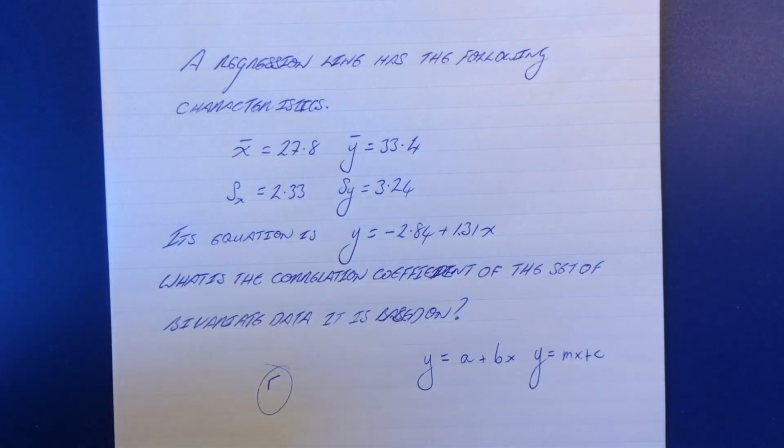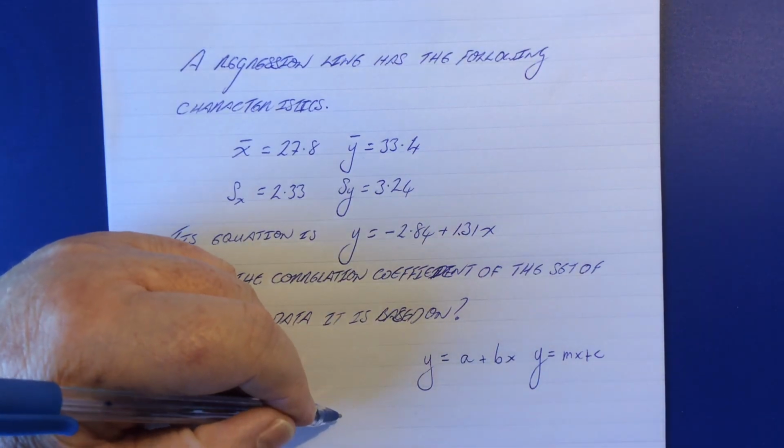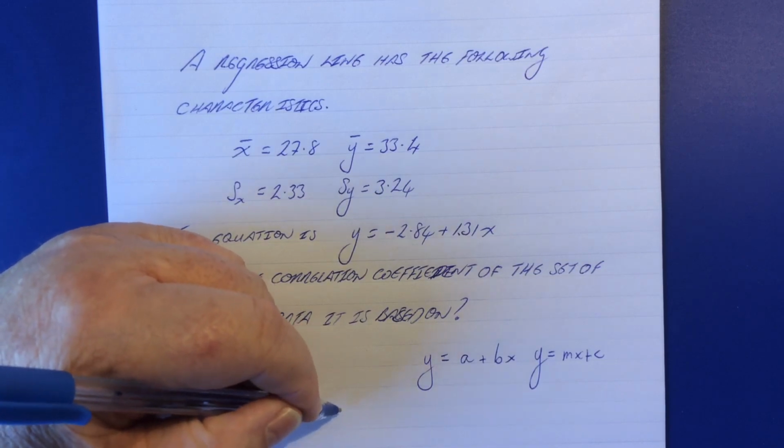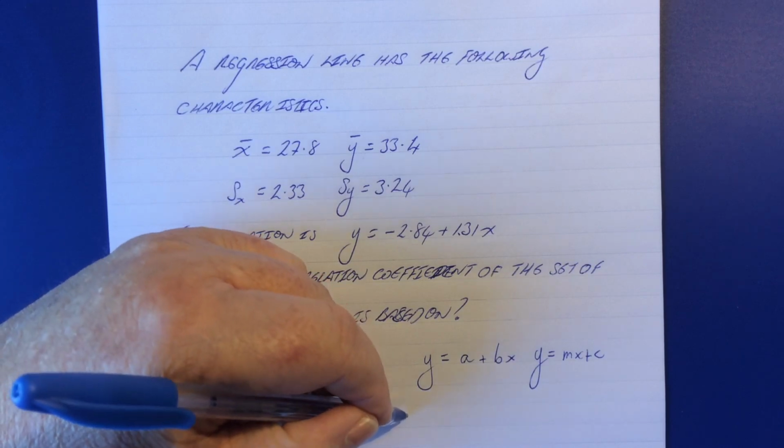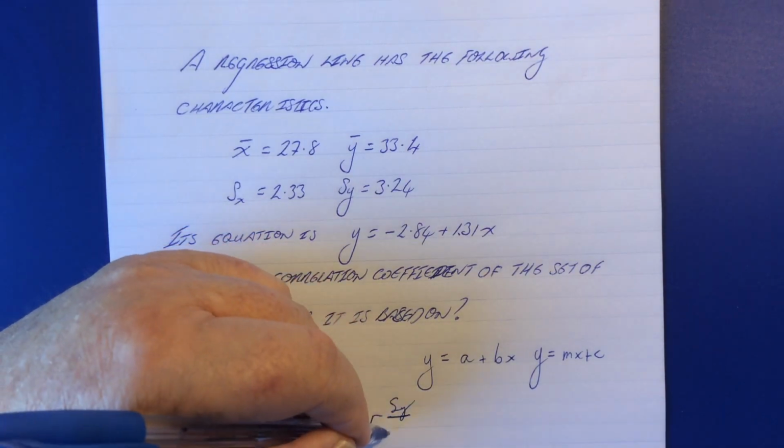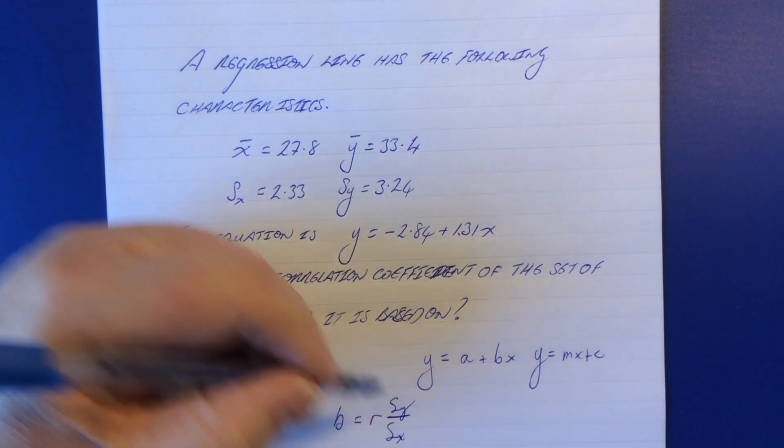Now, here is the part of the formula that's important. B is equal to R times the standard deviation of y over the standard deviation of x.